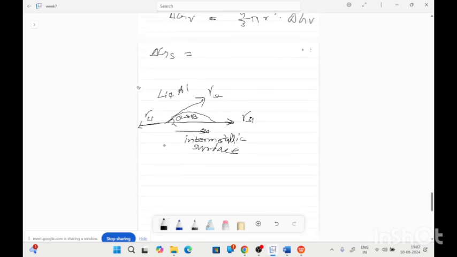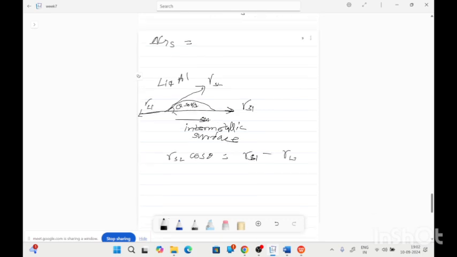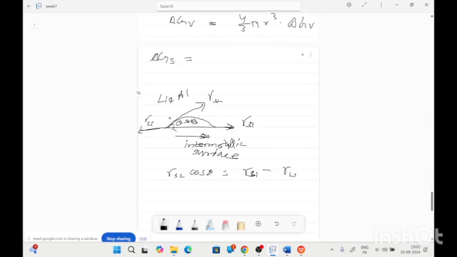So for this, the relation can be written as gamma SL cos theta equal to gamma SI minus gamma LI.